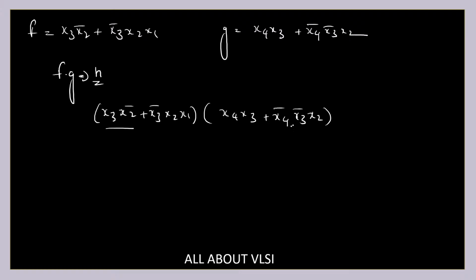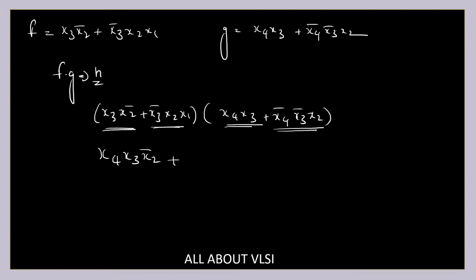Now you can see these two terms will be cancelled out because we have x3 and x3 complement, so it will be equal to 0. And these two terms, if I multiply, it is x4 x3 x2 complement plus, if I multiply these two terms, it will be eliminated.